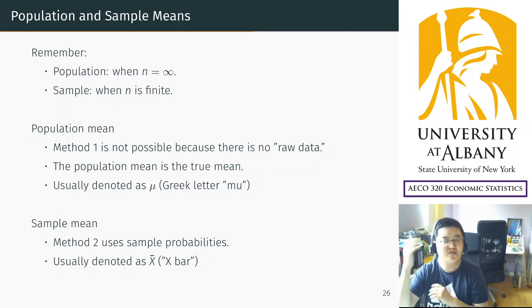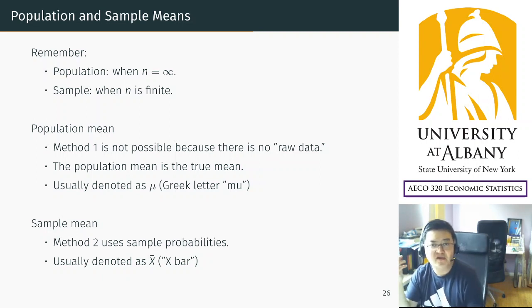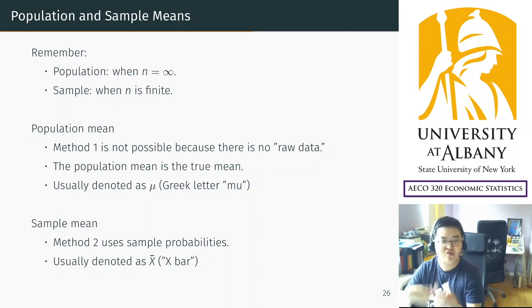So population is purely imaginary and just a theoretical object, but it's useful to think about because that is the truth. The true probability, the true expected value. So what is the expected value of a lottery? You have to do it infinite times. So that is the true value.